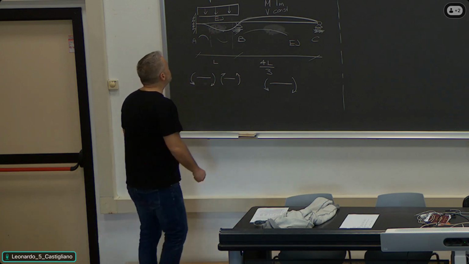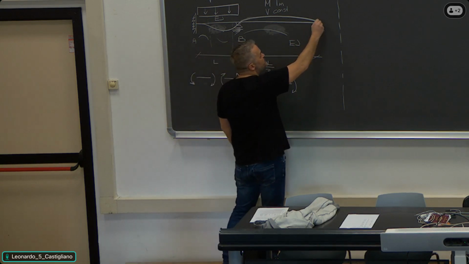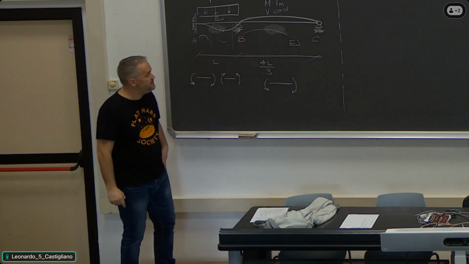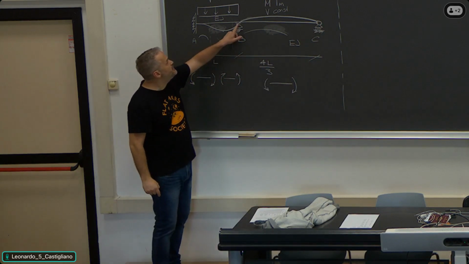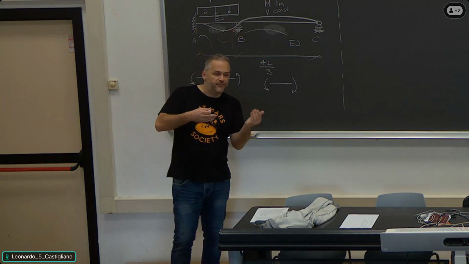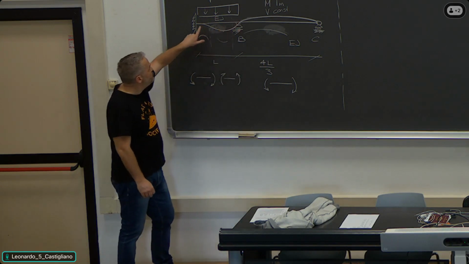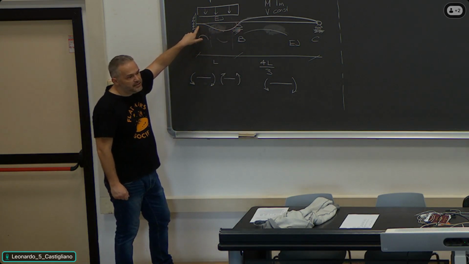In our case, specifically, here there is no bending moment because, as you see, the hinge is drawn like this, which means no bending moment can be transmitted. Here, on the contrary, the hinge is a half hinge, which means there can be a bending moment transmitted from the first span to the second span. So there is one unknown here and one unknown here where there is the built-in edge.